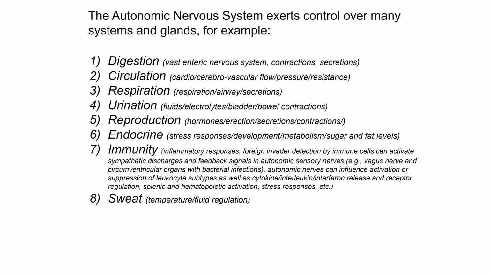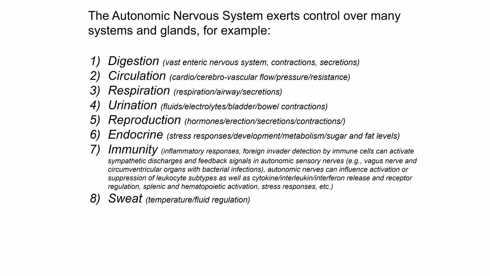We can exert at least some little amount of conscious control over a lot of autonomic processes. But really, when it comes down to it, it's the autonomic system that's in charge and controls respirations, for example, when you're asleep or when you're unconscious, if things aren't too damaged.